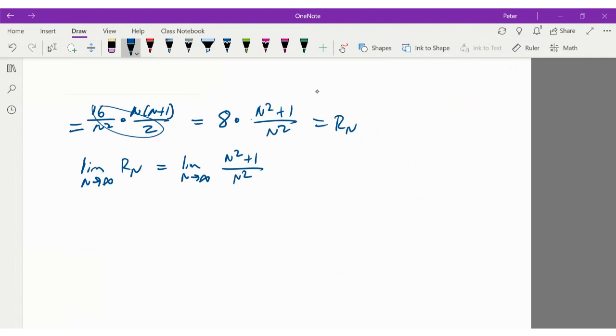We have the same powers, so we use the coefficients of the highest powers, and that gives us 8 times 1, which is 8. Why is it n? Oh, sorry, this is n squared plus n. There we go. Thank you.